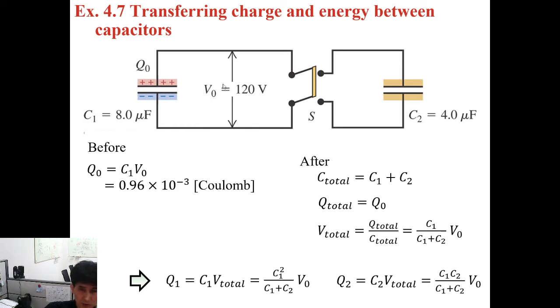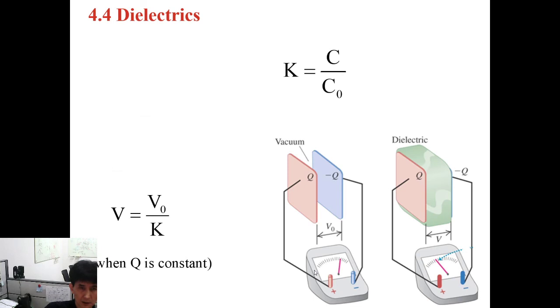Total voltage across this device after switching is 80 volt. That's what we obtain from here.